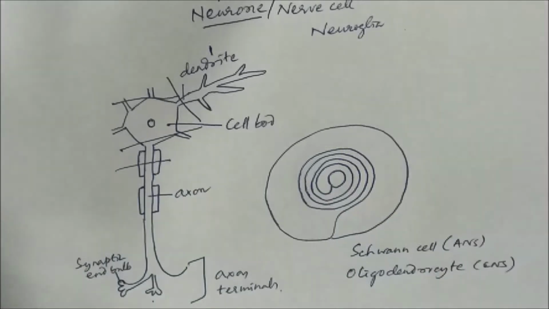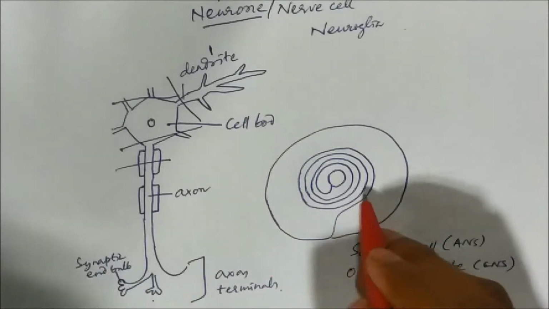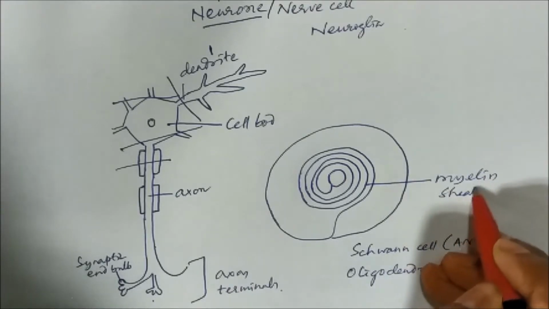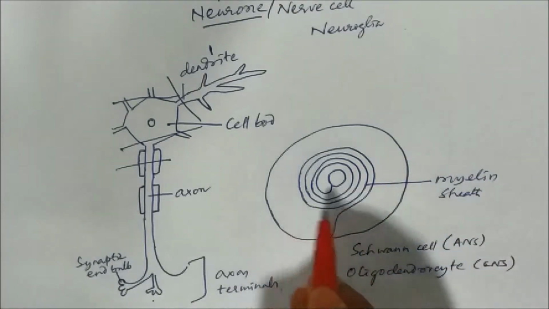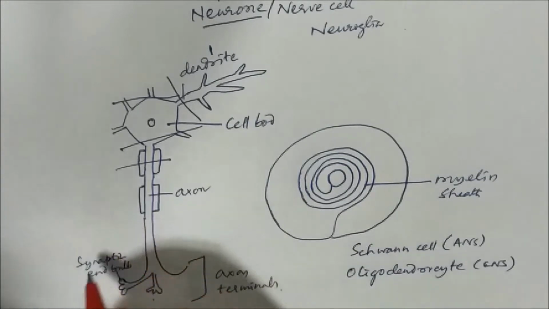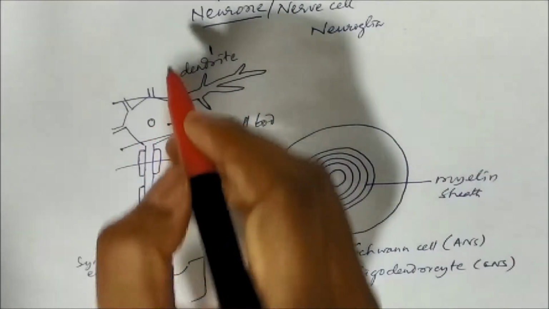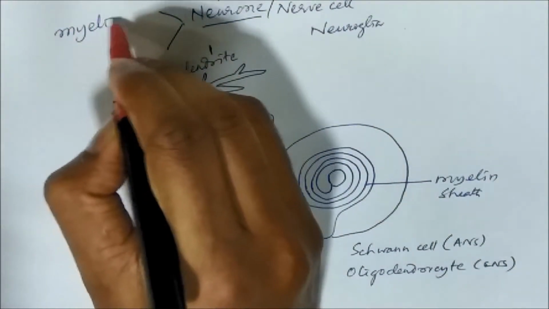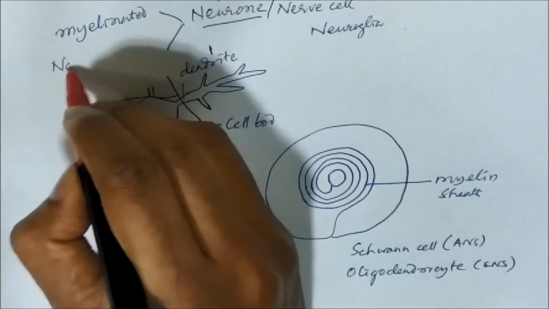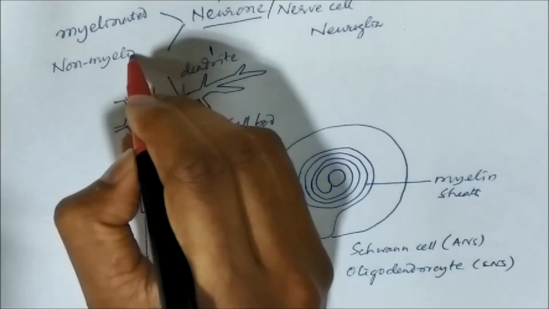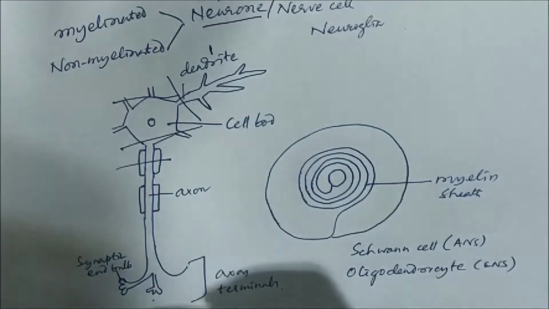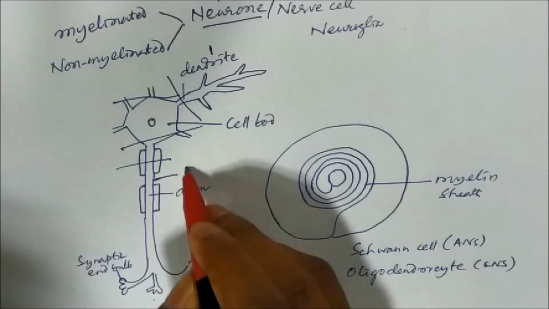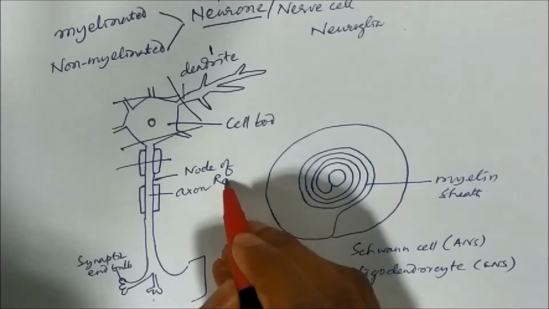We'll discuss neuroglia in detail later. And this one is called the myelin sheath, which surrounds the axon. So a neuron can be divided into two types: myelinated and non-myelinated.